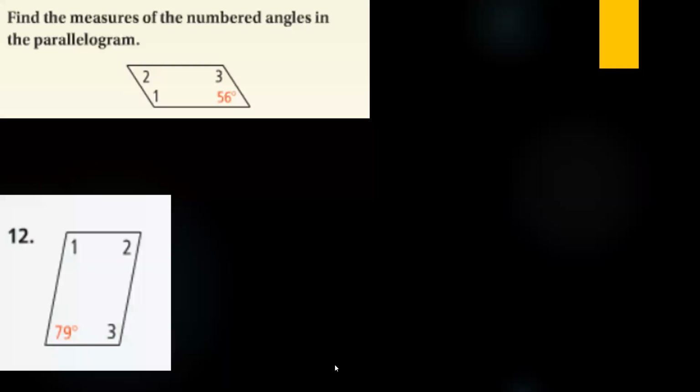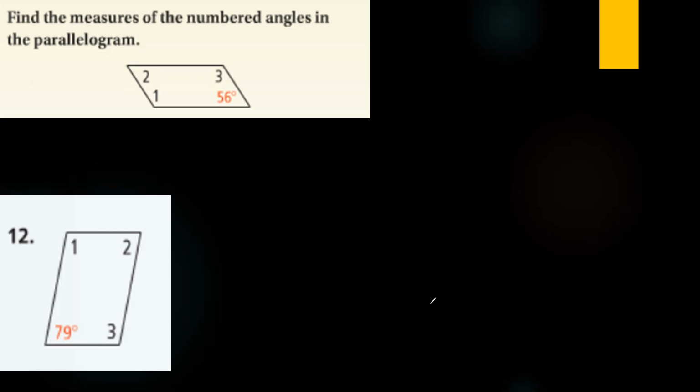Now here, find the measure of the numbered angles in the parallelogram. We want to find angle 1, 2, 3, if you know that the measure of angle 4 is 56 degrees. Let's start. The measure of the first one is 56.